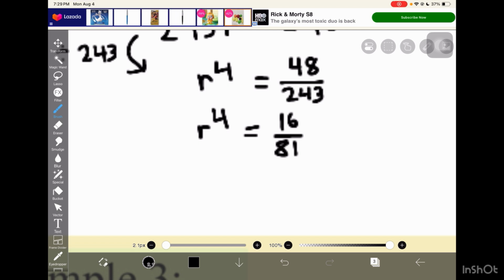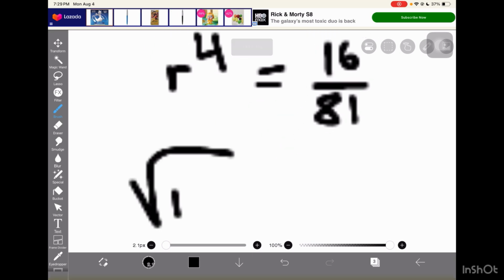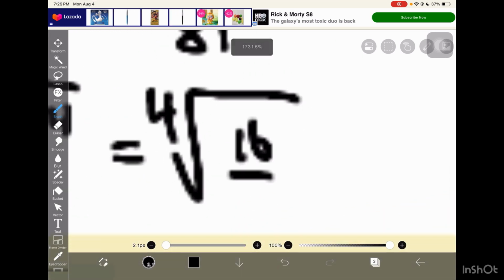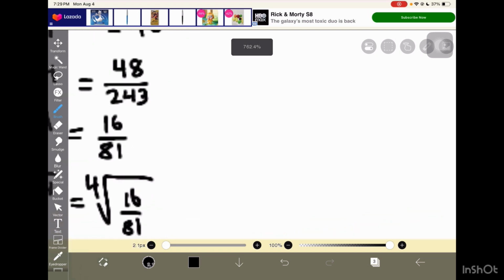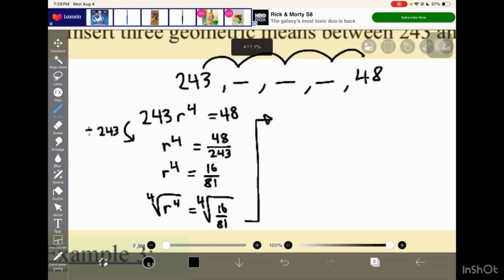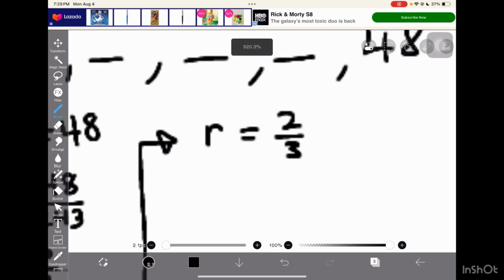You just need to look around your calculator and play a bit with it, and then you will get your answer. So after getting the fourth root of each, let's write that down. The fourth root of each one, you can get more than the cube root, by the way. Let's bring it all the way here, and that equals r equals 2 over 3.